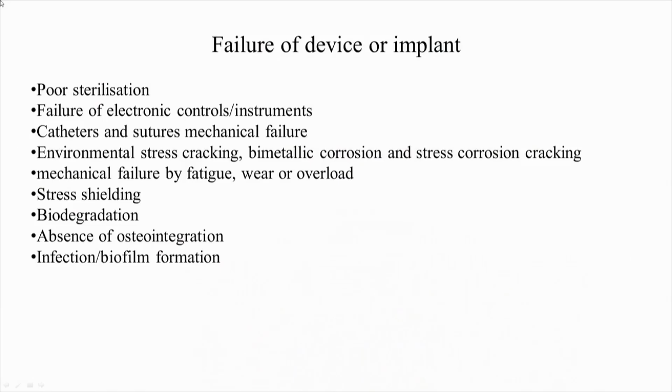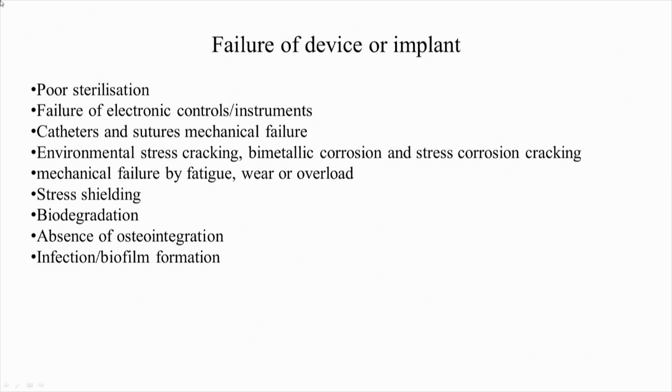Infection, biofilm formation. This is a very serious problem because of poor sterilization or because of poor practices. Bacteria may enter, multiply, and get attached on the surface of the polymers and lead to biofilm formation, infection, rejection.